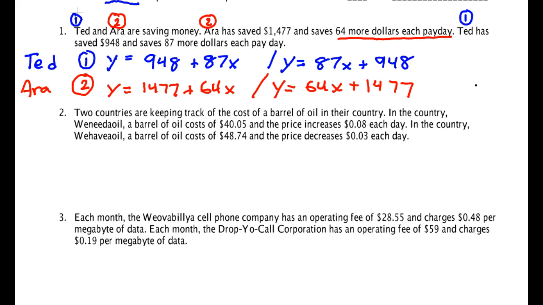But just remember, hopefully you can see this and kind of understand that Ted here is starting with less money, but is saving more every month. ARA is starting with more money, but is not saving as much as Ted.